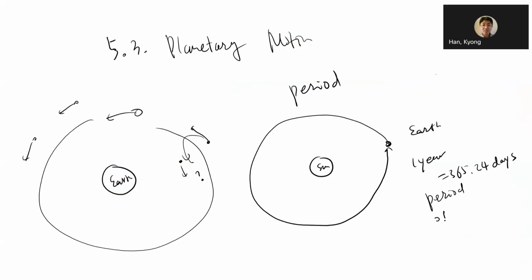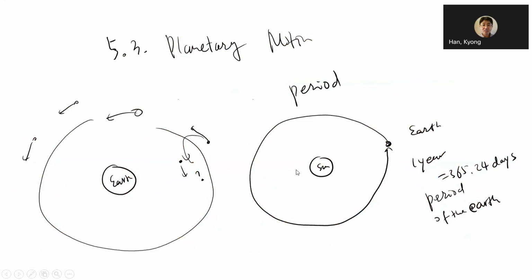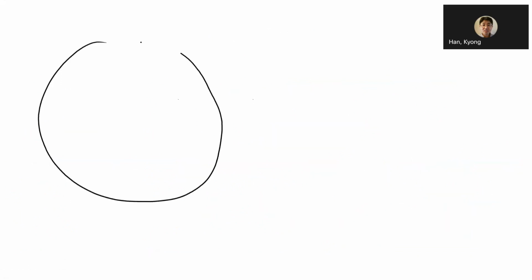This is Earth, but the period will be different for different planets like Venus and Jupiter. But those have some rules. I don't memorize it.